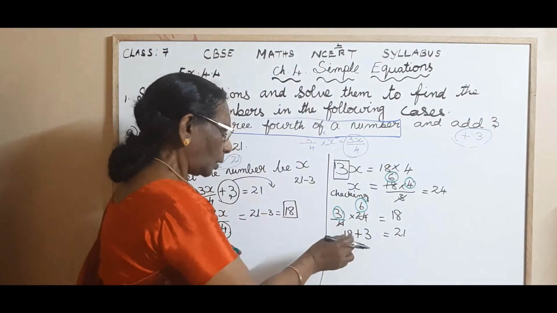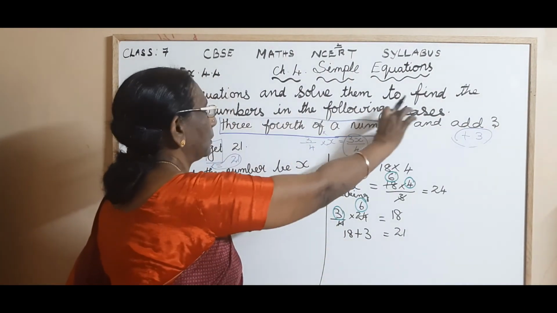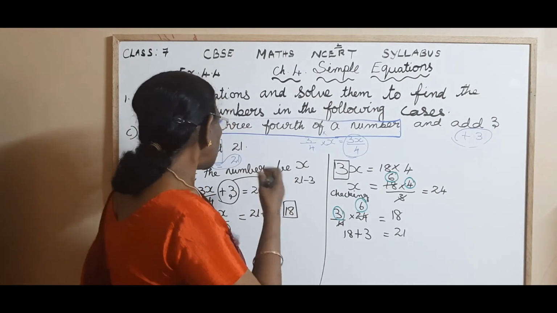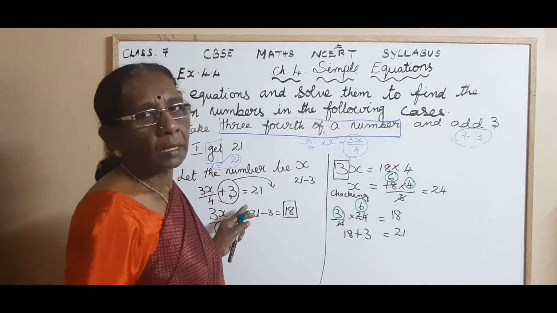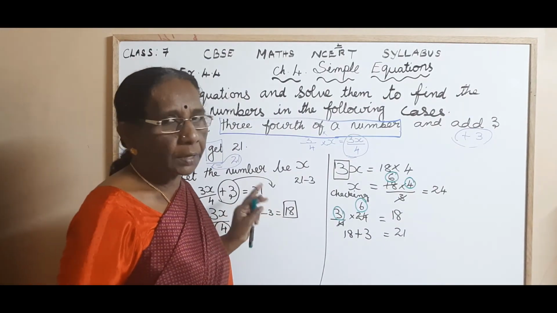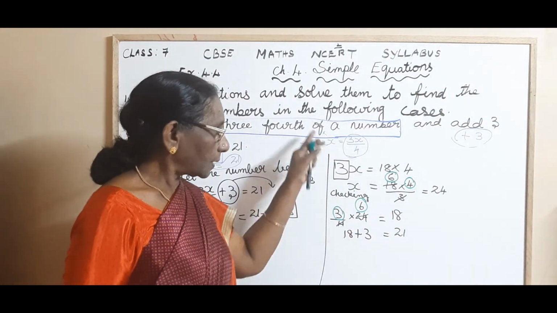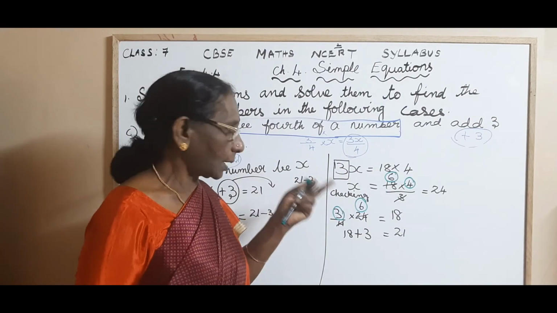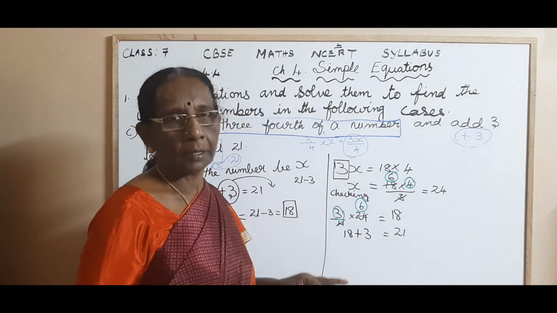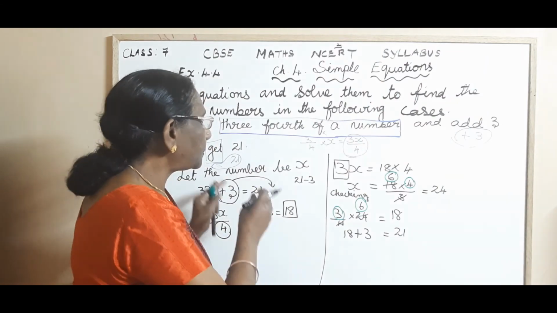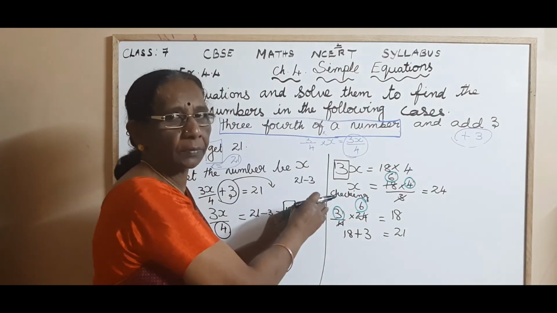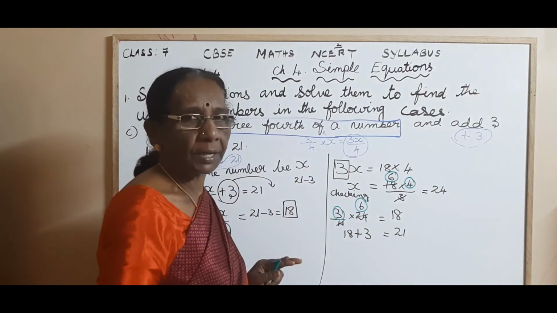Children, you should check with the question. Sometimes you might have made a mistake in the equation. If you check with the question, you can verify whether our answer is correct or not, whether our equation is correct or not. Okay, children, this is a simple way of setting up the equation and solving it.